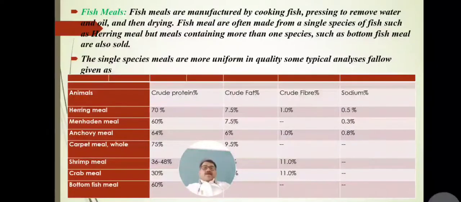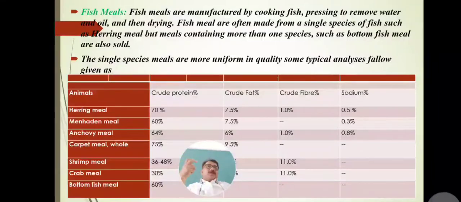Single species fish meals are more uniform in quality. Some typical analysis shows that single species meals are more uniform as compared to meals from more than one species.